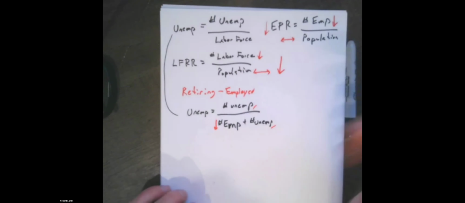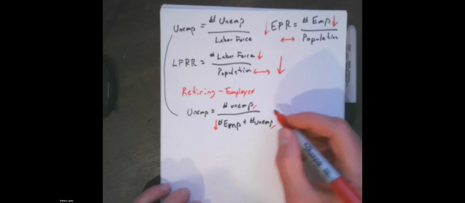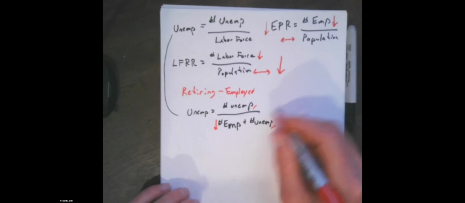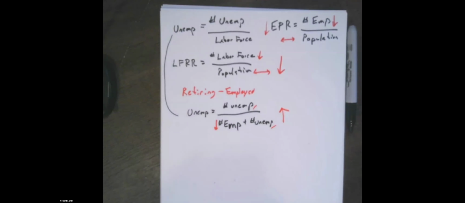It decreased the number of people who are employed, which decreases my denominator. So people retiring, as long as there's no other changes, would actually increase my unemployment rate. The same kind of thing would apply if I asked you about the underemployment rate here. The underemployment rate wouldn't change, but those people who are retiring are leaving that labor force.